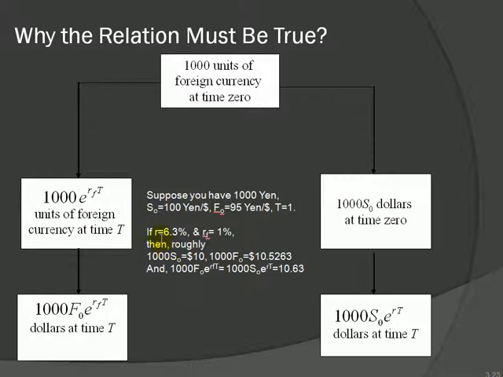If the domestic interest rate is 6.3%, domestic here being the American interest rate, and the Japanese interest rate is 1%, then roughly these two have to be equal to each other.